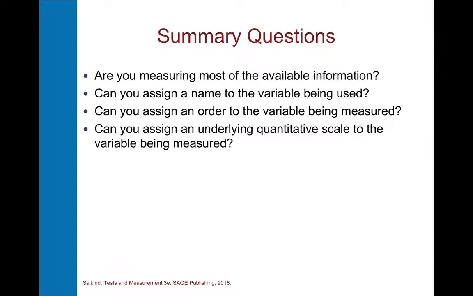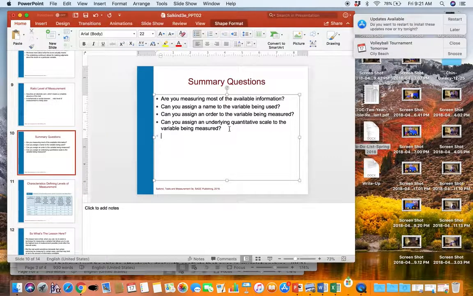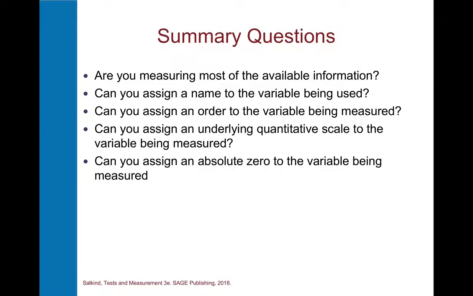So a couple of questions that you can ask yourself if you want to figure out what level of measurement you are using. Actually, I want to add one more over here. Can you assign an absolute 0 to the variable being measured? There you go. Can you assign a name to the variable being used?